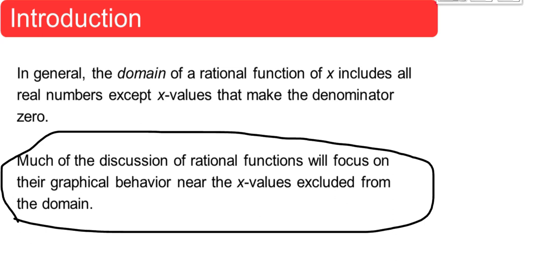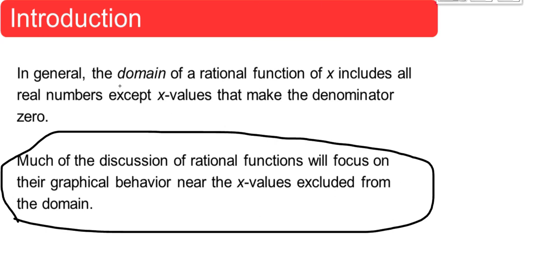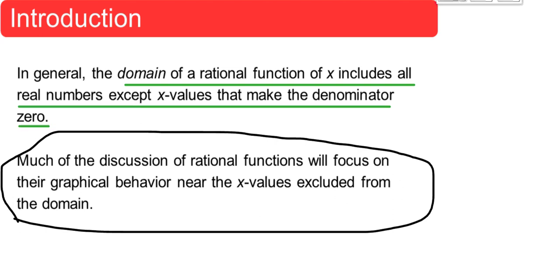I don't have this underlined or highlighted, but you might also underline or highlight this part that says the domain of a rational function is usually all real numbers except x values that make the denominator equal to 0. That is something we want to keep in mind and be able to look at.